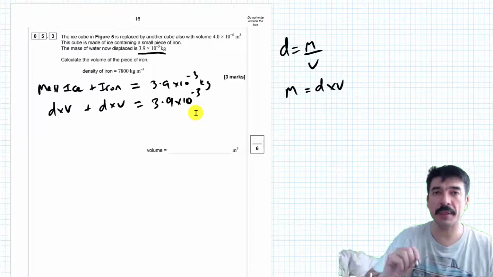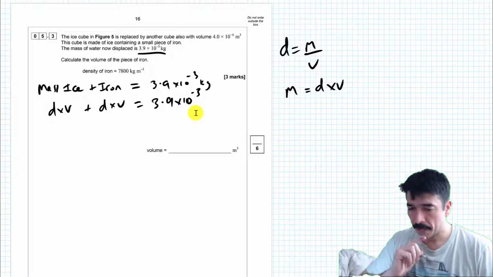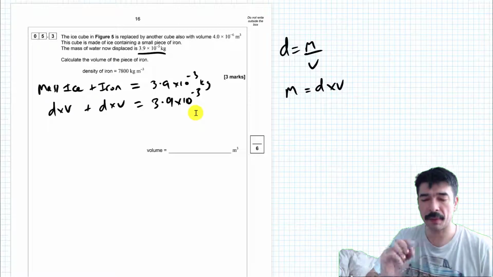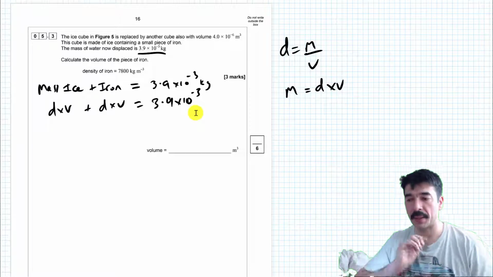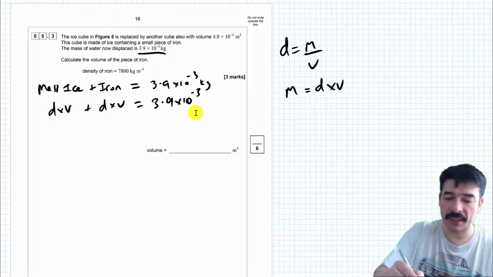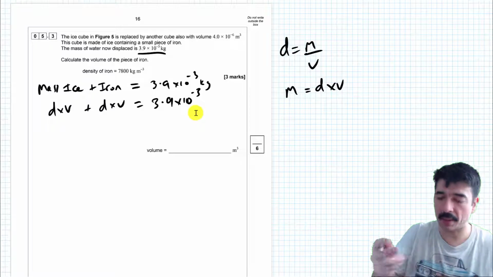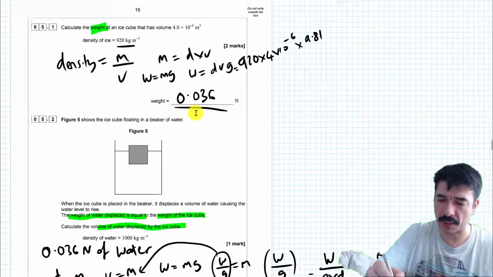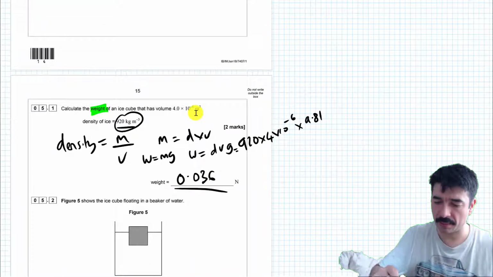The problem is I've not been given the volume for either one of them. I've only been given the volume for both combined. So I'm going to have to be careful how I write my terms out. So if I take the density of ice, right, so I know from the previous question the density of the ice was 920, there it is, right?